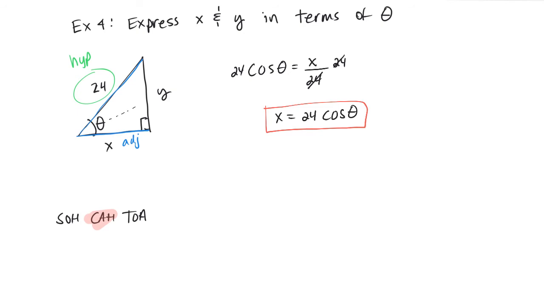Y, I have to walk across the triangle to get over there, so that is my opposite. Okay, and opposite over hypotenuse, that is sine. So then I would have sine of theta is the opposite, which is y, over hypotenuse. And same strategy here, clear fractions, and we get that y is equal to 24 times sine of theta.